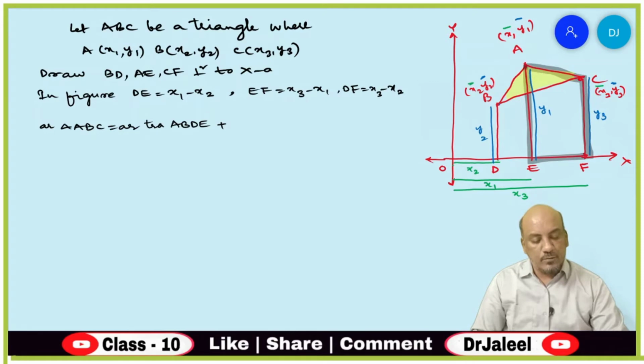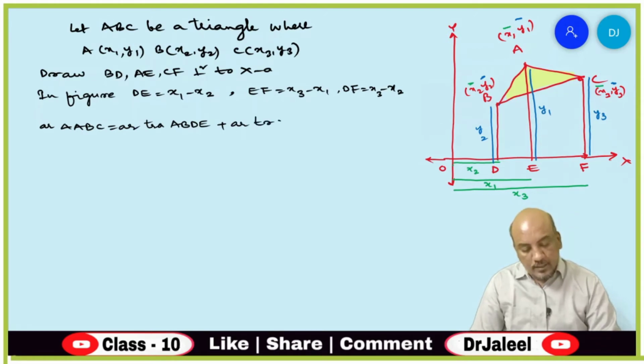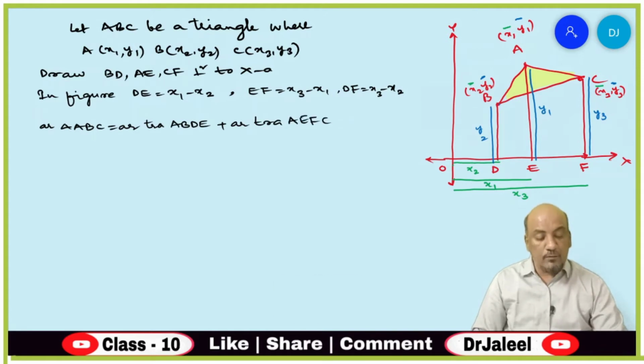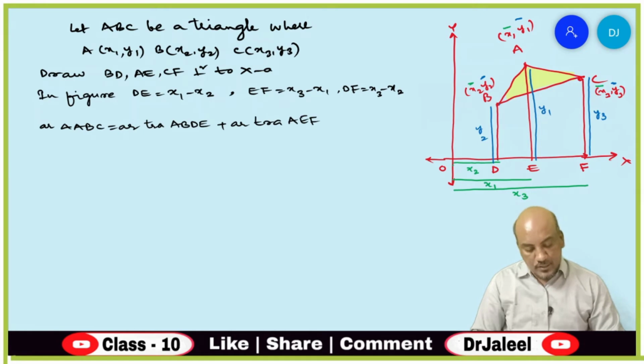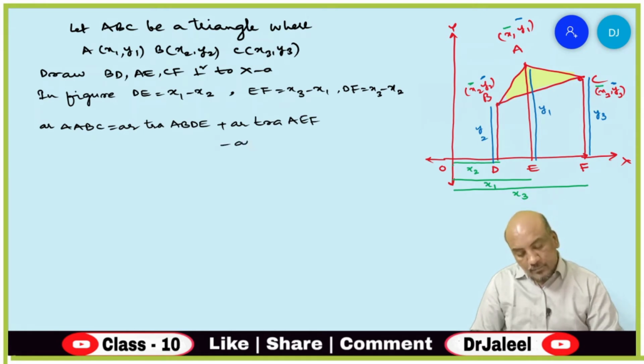This trapezium. So first you took this and then you are taking the second one, AEFC, area of trapezium AEFC. So you have found the area of this trapezium and this trapezium also, so you got the complete area. Then what do you need to subtract from this? You need to subtract this trapezium, BDFC. Minus area of trapezium BDFC.